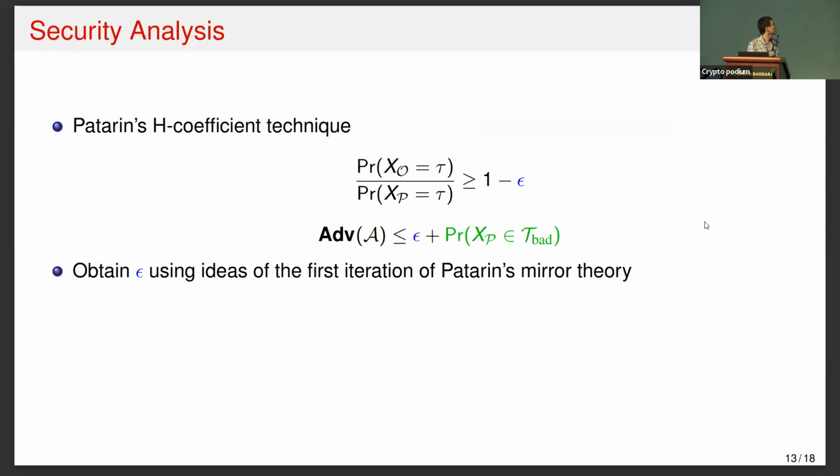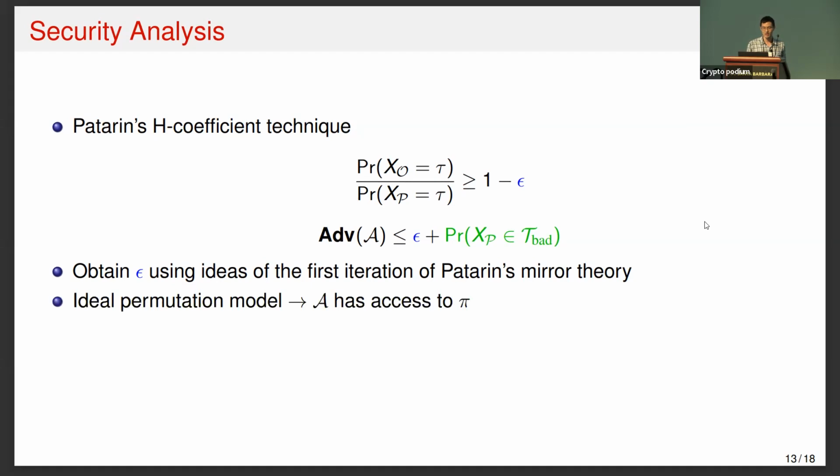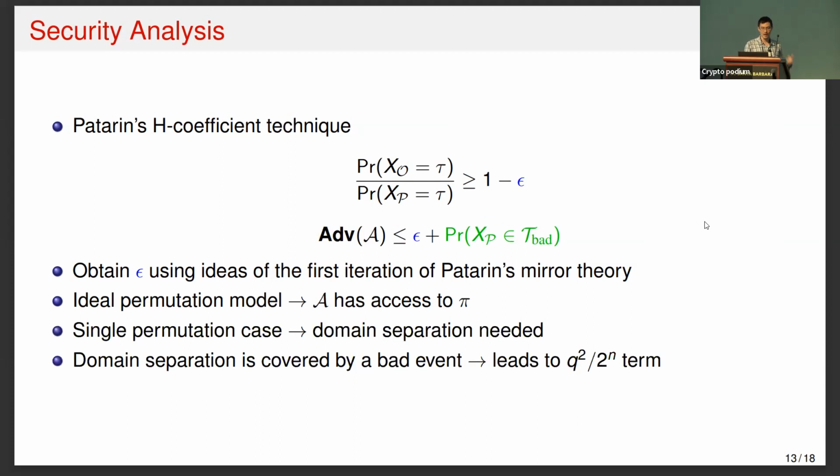And here we obtain this blue term by variance of ideal first iteration of near theory. What that is, you can check the details of it. We are dealing with the ideal permutation model here, and here the attacker will have internal access to the underlying primitive.